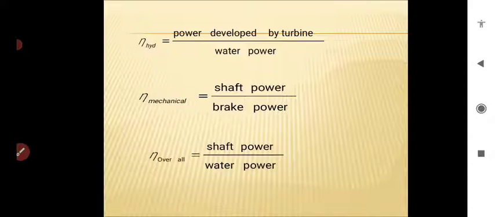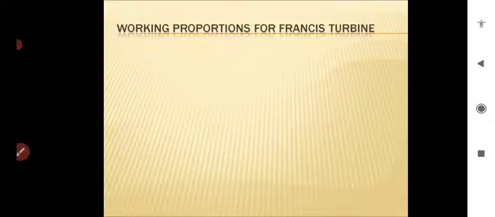Overall efficiency is defined as the ratio of shaft power to the water power.